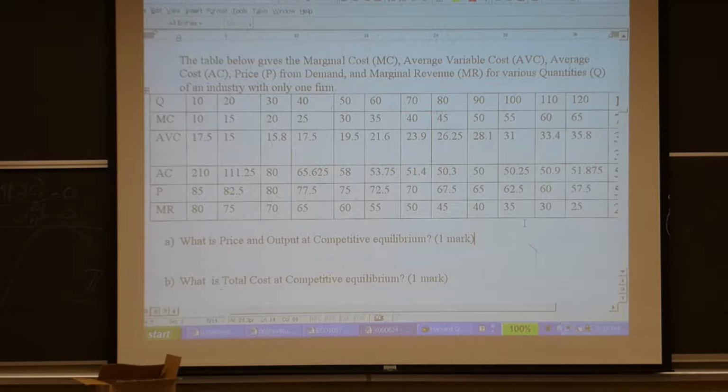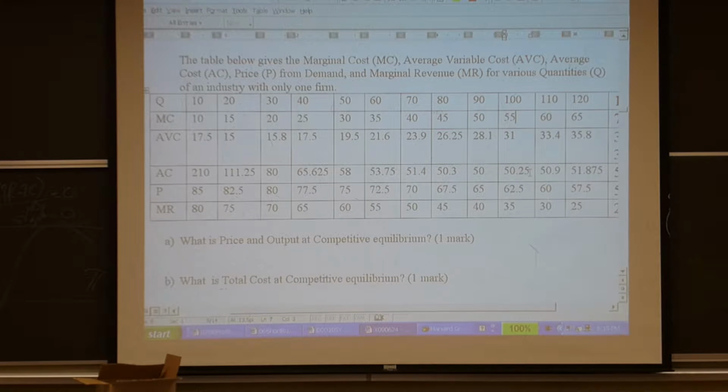What is the economic profit or loss of this firm? Right here on this column, what is the economic profit or loss? What is the total revenue of this firm? 5,500.